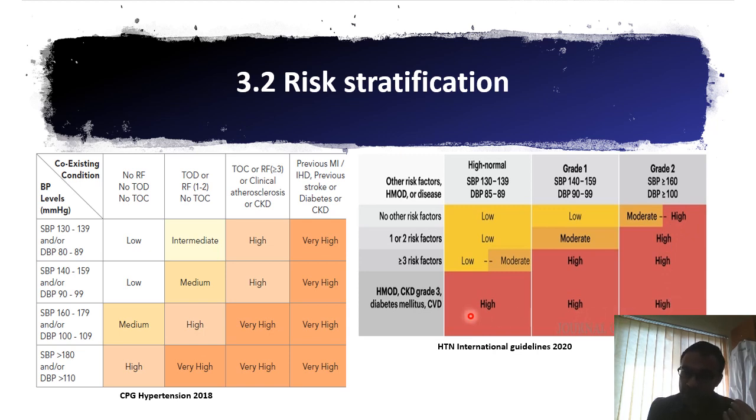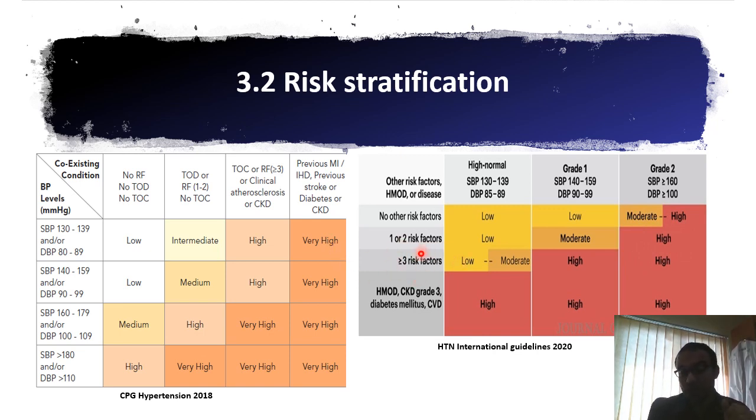high, taking into account the blood pressure and the risk factors. It means a patient in grade 2 mostly, even if there is no other risk factor, has at least moderate to high risk. Patients with 1 or 2 risk factors can be classified as high risk only if they have grade 2 hypertension.